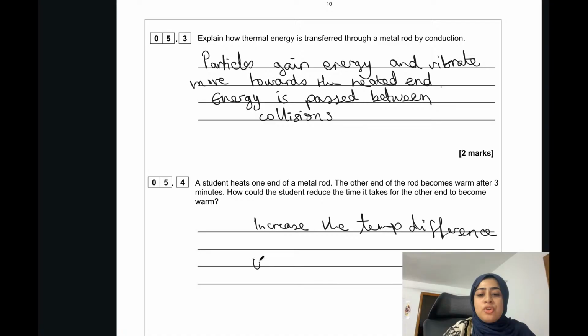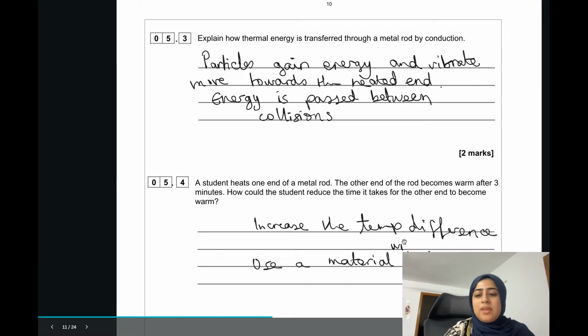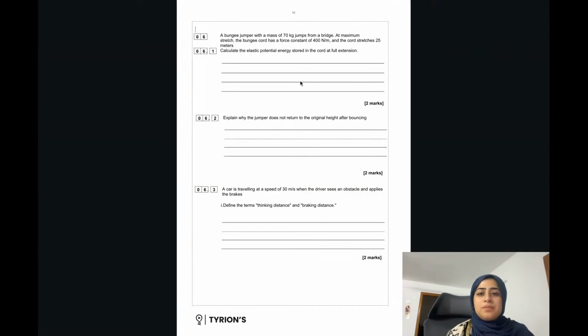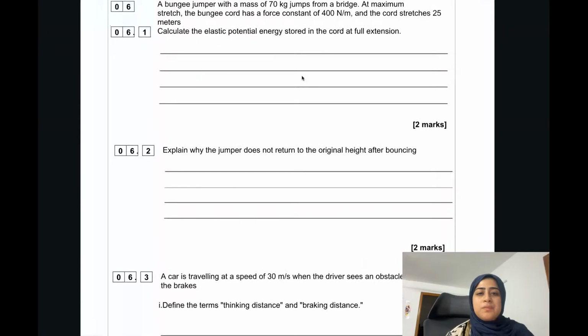Or you could use a material that has better conductivity. Okay, so those two are for 2 marks.